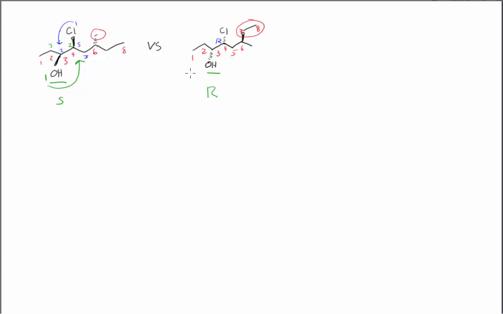Now, you can see the inversion of the OH or the chlorine substituents very easily the way I have these drawn. However, at carbon 6, it is not necessarily obvious if it's inverted or not, and so it's probably best to assign that configuration using the Cahn-Ingold-Prelog priority. And so let's see if I can switch to green here again.